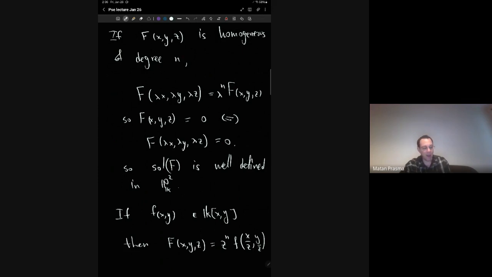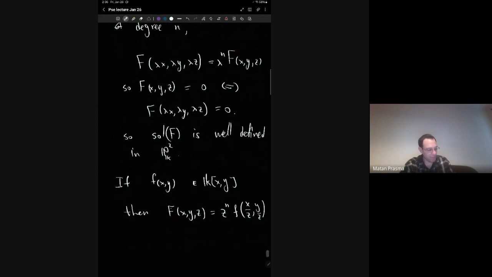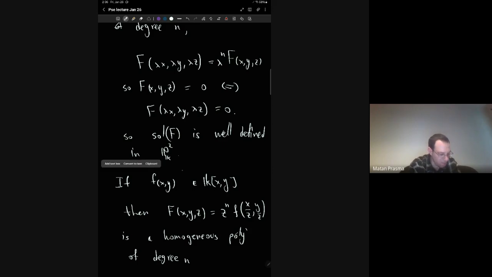This is a homogeneous polynomial of degree n, where n is the degree of the original polynomial.